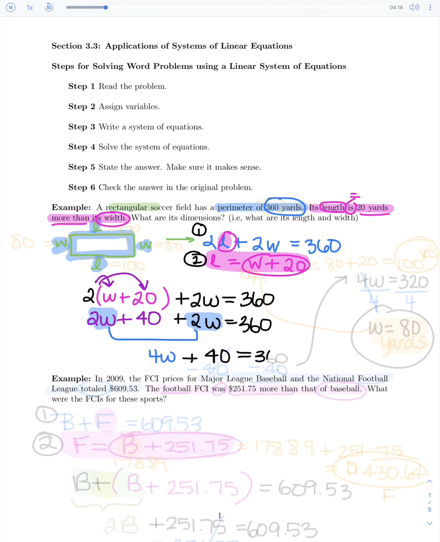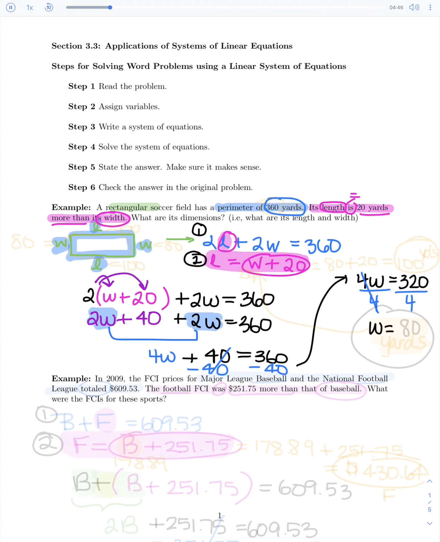Equals 360. Next step, we'll go ahead and subtract the 40 from both sides. So what does that get me? Right now, that gets me that 4W equals 320. So your last step would be to divide both sides by 4. And that would get you W, the width of your rectangular soccer field.